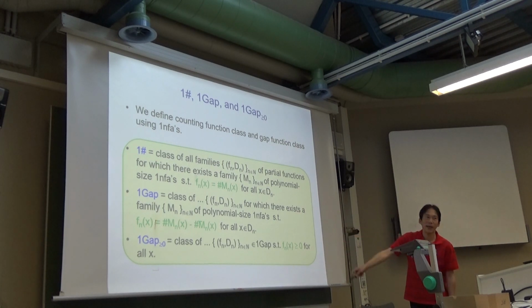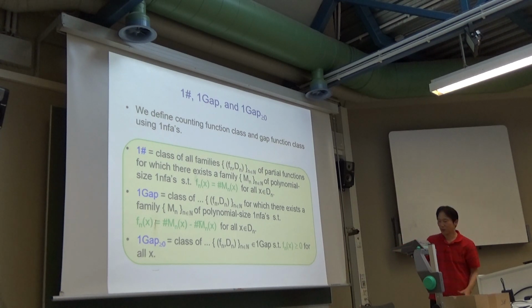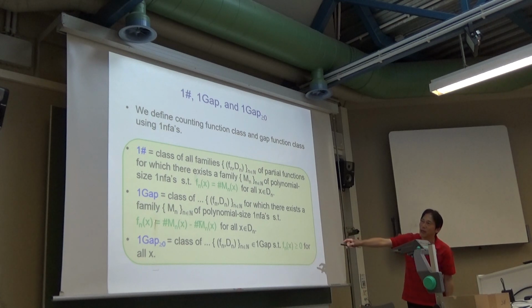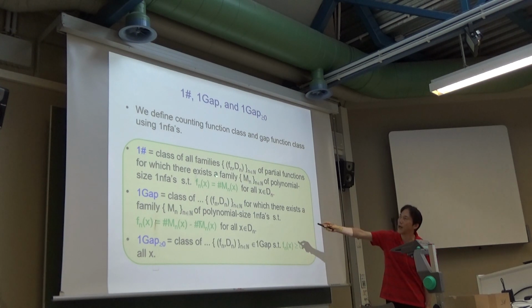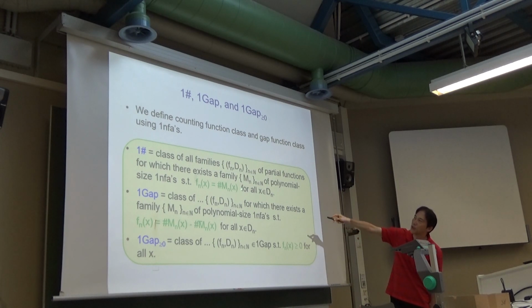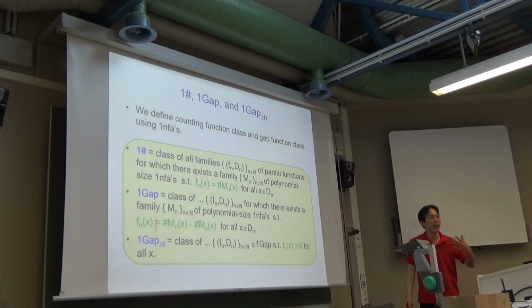The 1-sharp is the analog of sharp P in this setting. And this is the analog of GapP. 1-sharp is the collection of families of partial functions computable by one-way nondeterministic finite automata in this particular way, so that you're just counting the total number of accepted computation paths.